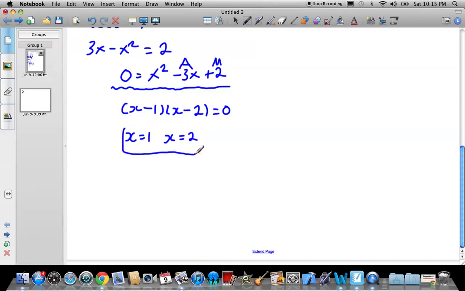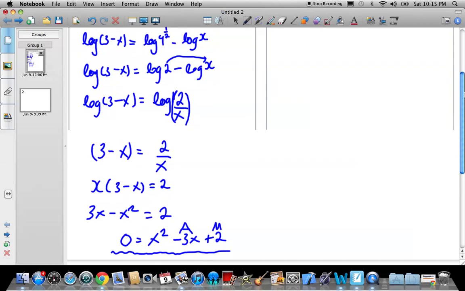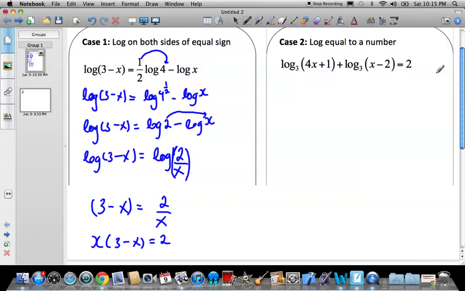Those are my two solutions. Always check to make sure they work. You can do that by subbing them back in, or by graphing. But we also have to verify that they are actually solutions. If we go back to our original equation, we look at whether what's inside my logs is less than 0. 3 minus 1 is 2, that's good. 3 minus 2 is 1, still good as well.